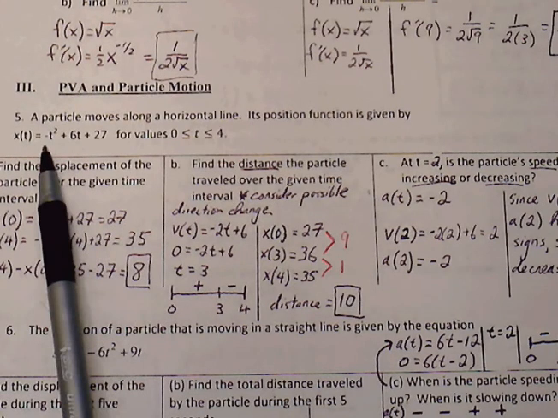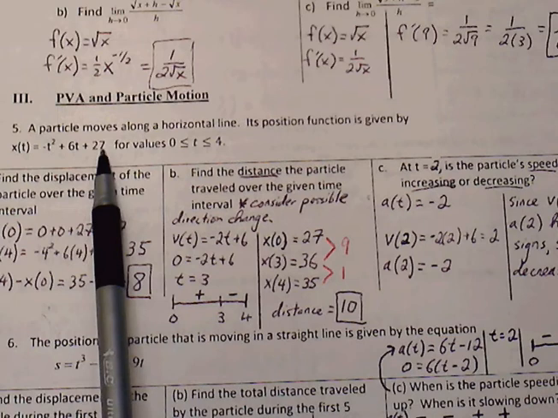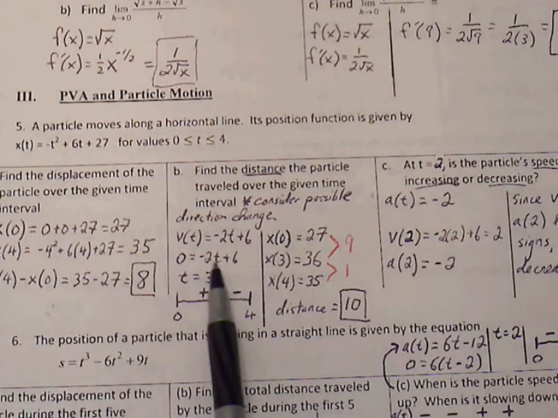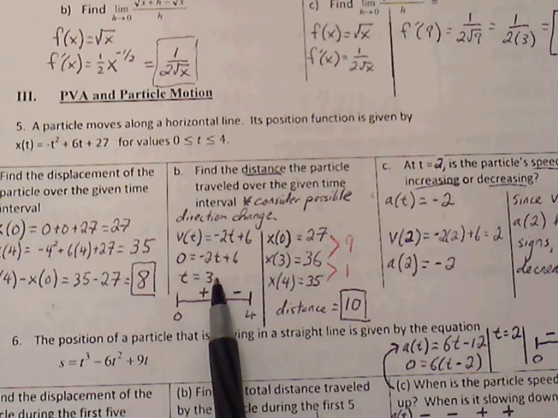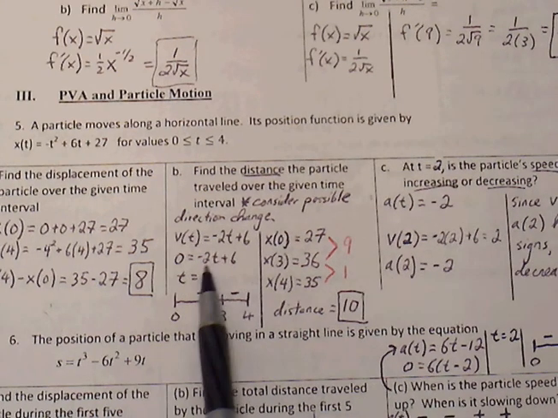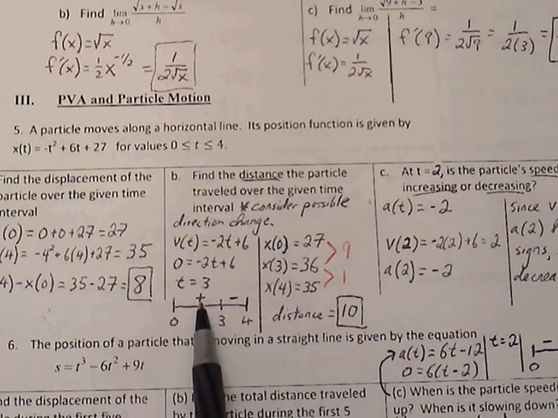Negative t squared becomes negative 2t, 6t becomes 6, 27 goes to 0. So we set our derivative equal to 0 to determine where the particle is motionless. So negative 2t plus 6 equals 0, solve for t, and t is equal to 3.